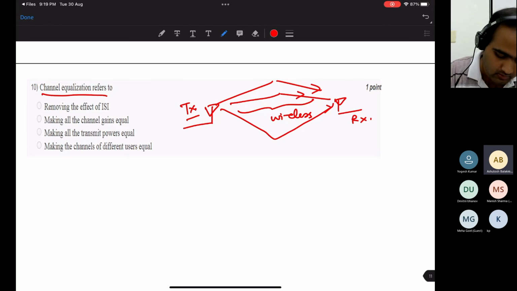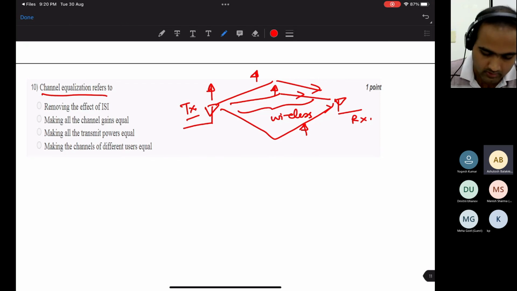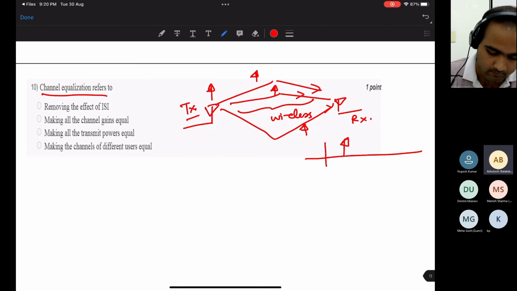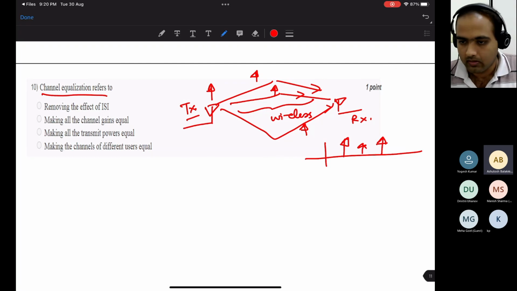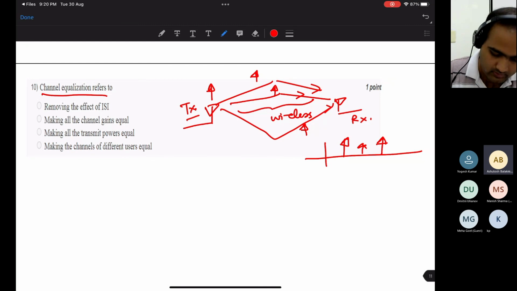If you are transmitting an impulse, different copies of the same transmit symbol are generated for each path, and they add up at the receiver. They come at different time intervals, with different phase shifts and different attenuation.